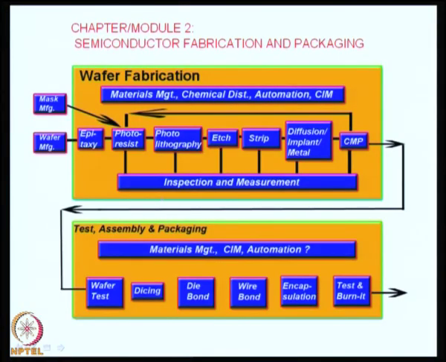Please go through these tutorials once again, and the chapters I mentioned. There are different textbooks apart from Rao Tummala. You can look at R.S. Kanpur, which is also a suggested textbook for this particular course. And in the next class, we will look at chapter 2, which is semiconductor fabrication and packaging. This is our starting point for the next chapter.